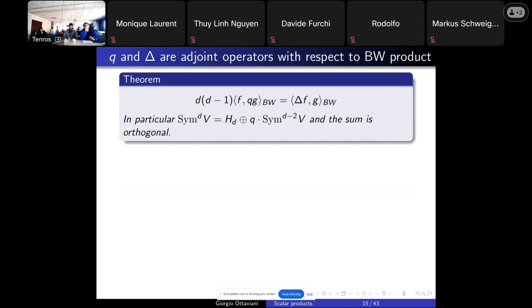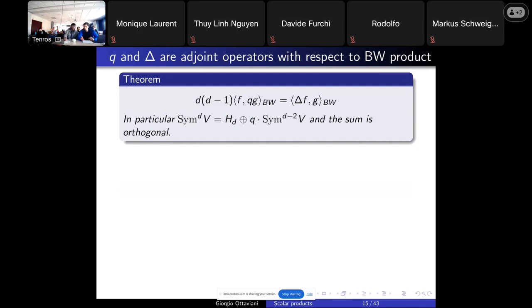And then, as a consequence, if something is orthogonal to the image of the Laplacian when this vanishes, well, this means it is zero. And then if this is harmonic, it is orthogonal to everything which is a multiple of Q. So it follows this orthogonal decomposition.